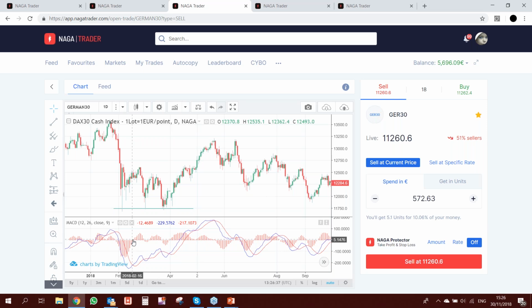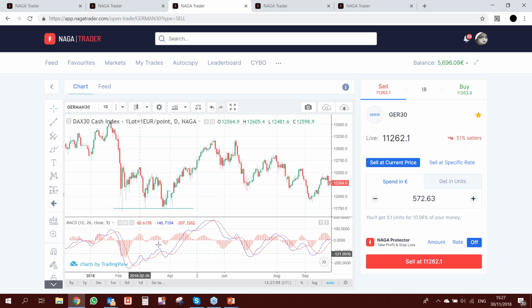For example, here we have a crossover, and it's more visible on the histogram. When the histogram trades above the equilibrium line, this is where we can observe a crossover.